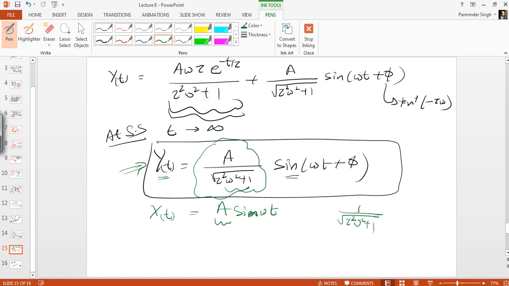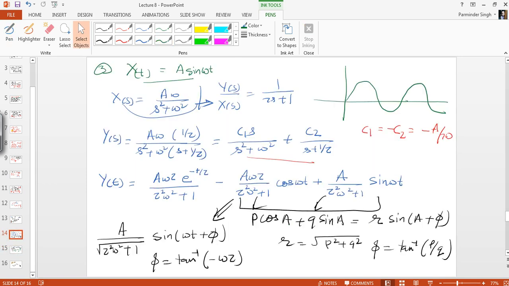And second, in the input it was sin omega t, but in the output we have sin omega t plus phi. This phi is known as phase angle, and this defines the lag in the system.